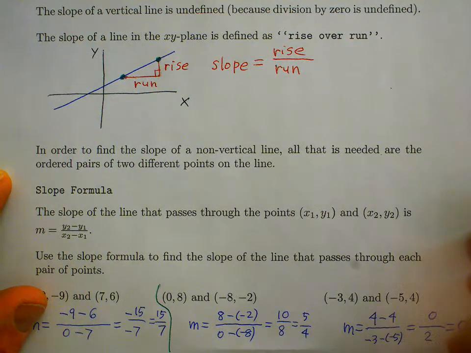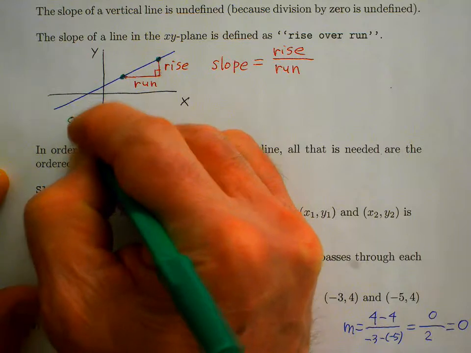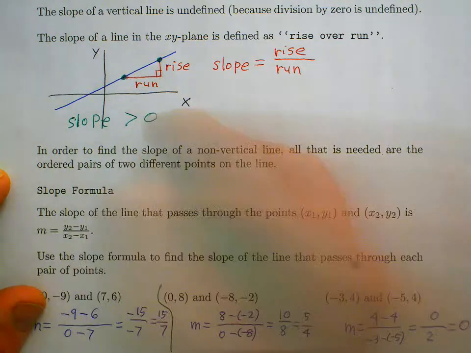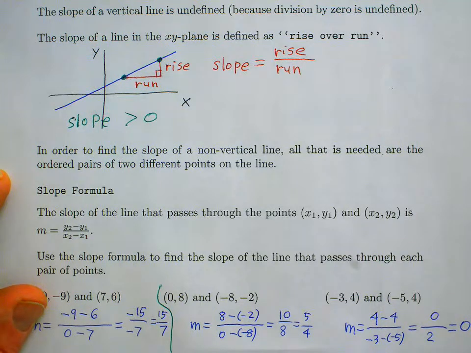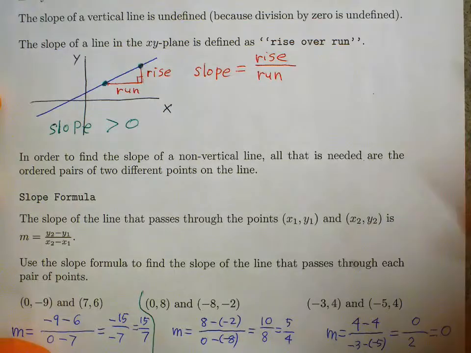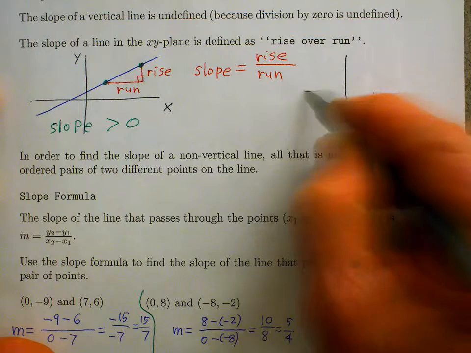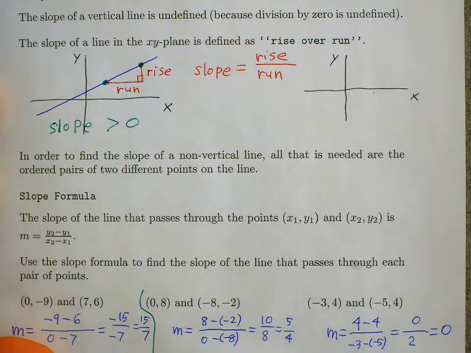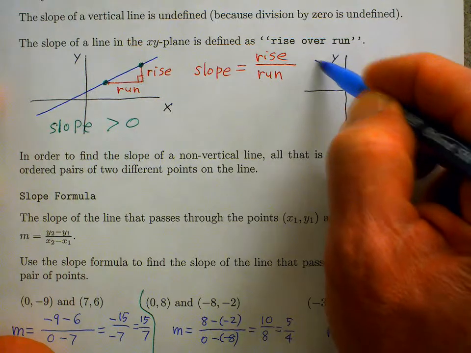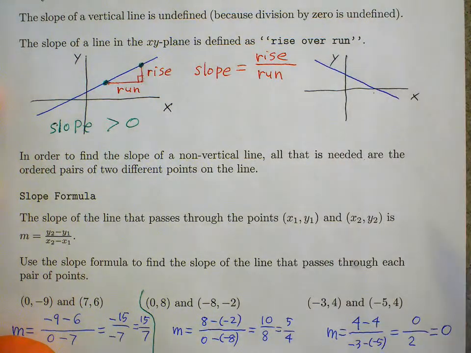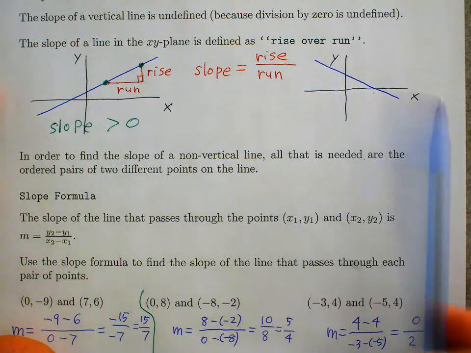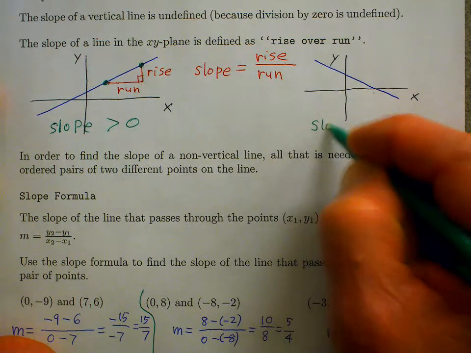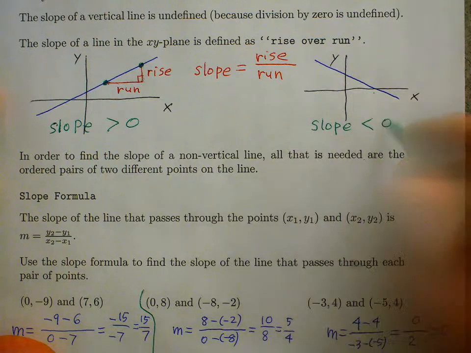So I'll just make a note of that. The slope, in this picture, the slope is greater than 0. But we can have slopes that are negative. If you have a line in the xy plane that goes downhill as you look at it from left to right, then the slope is negative, or we could say the slope is less than 0.